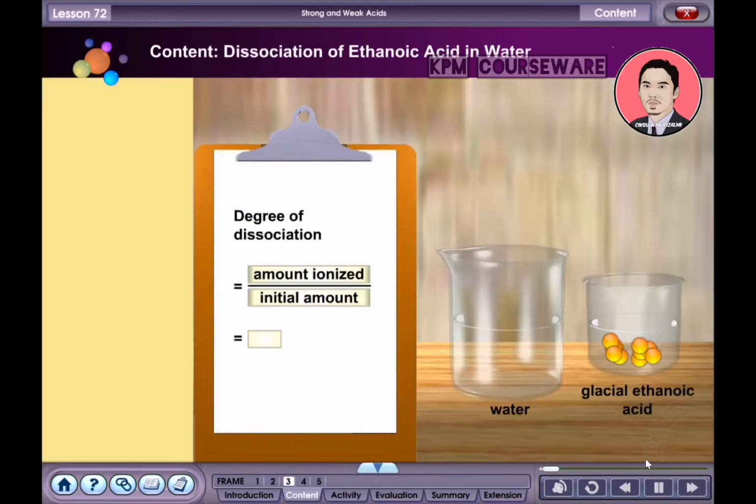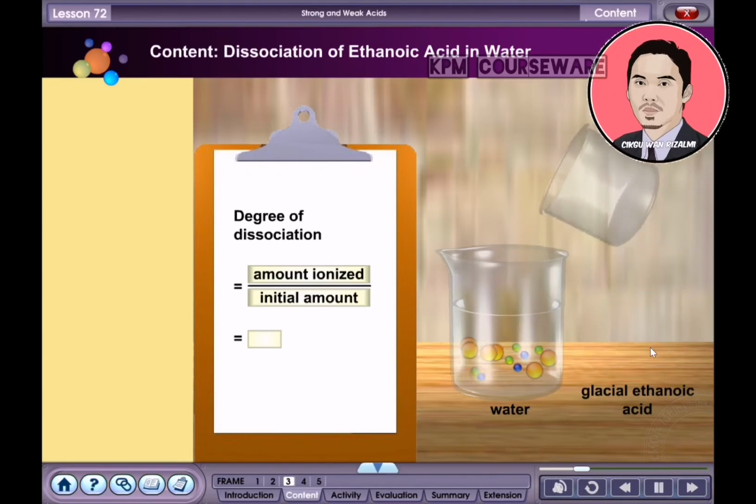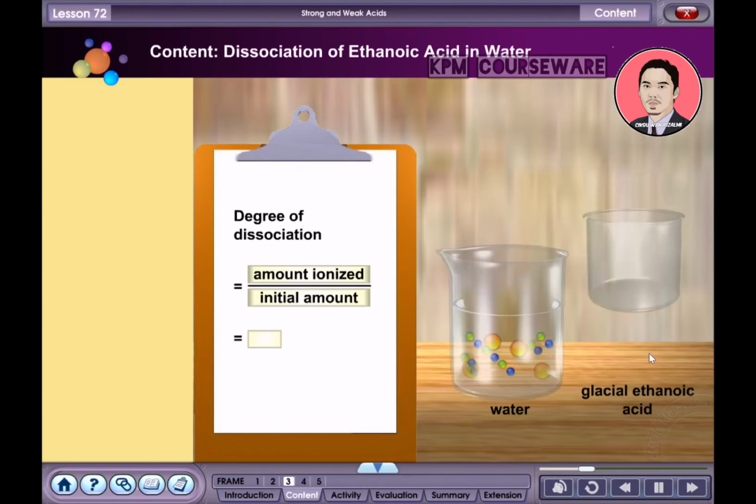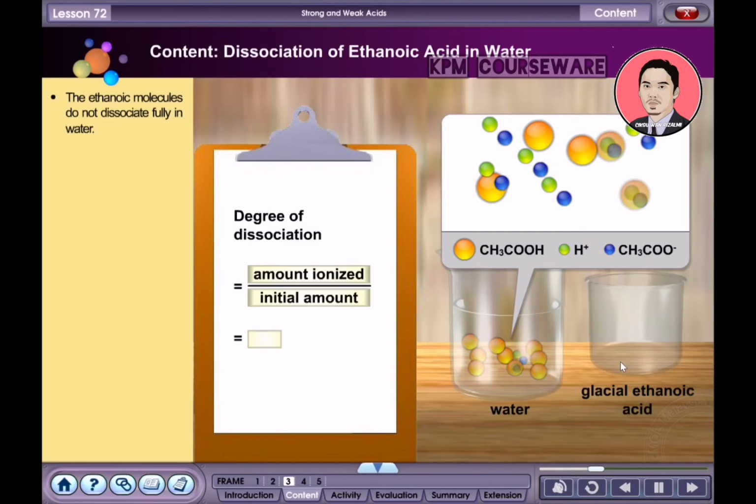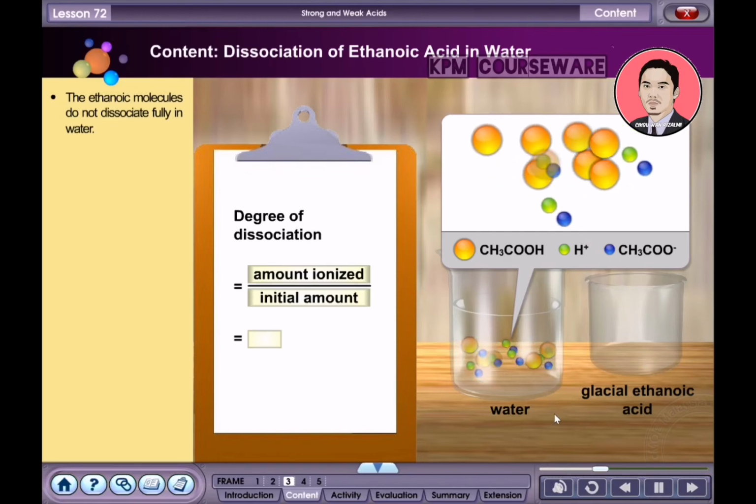Let us now look at the dissociation of ethanoic acid in water. Click on the ethanoic acid to add it to the beaker of water. Look at the particles present in the ethanoic acid solution formed.